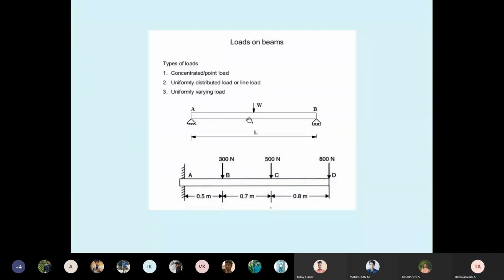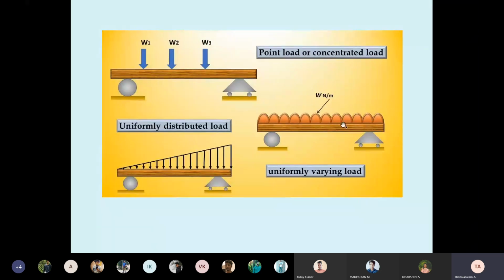Suppose 3 persons B, C, D are standing, that is 3 point loads. Suppose the same persons stand along the full length, that is a uniform distributed load. Suppose a 10 kg boy continuously stands over 15 or 50 students, same weight. This is called uniform distributed load.